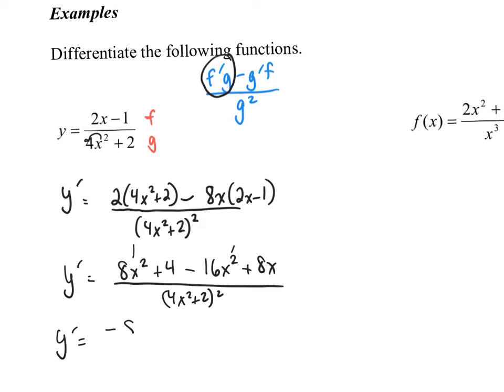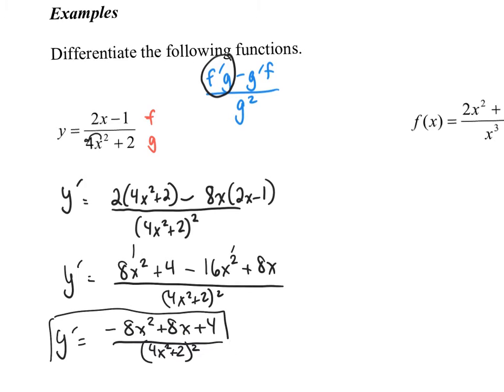So I'll get negative 8x squared plus 8x plus 4 all over 4x squared plus 2 squared. So that is my derivative. But you can see quite a bit of simplifying goes along with that. The rule sometimes is not so bad, but when you start involving square roots and other kinds of things with these, they can get pretty nasty for sure.